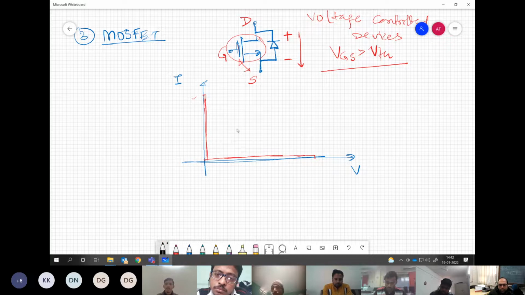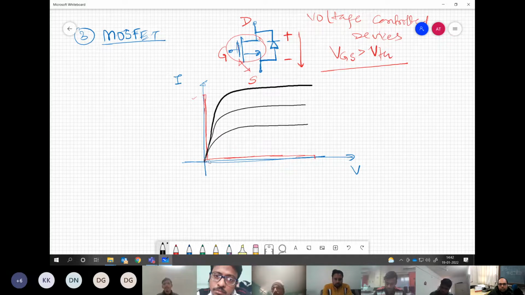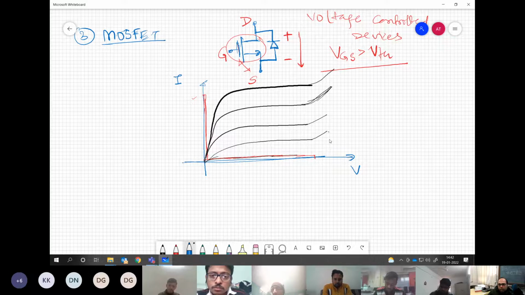Now, the practical characteristic actually looks like this. And so on. Maybe sometimes it is drawn like this also. Now, here also we can have different zones marked based on how much VGS you are injecting, VGS1, VGS2, VGS3, and so on.